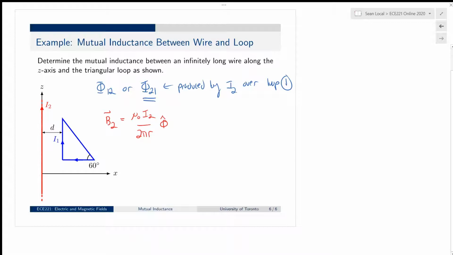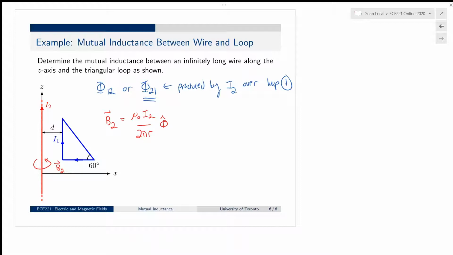And if we were to use the right-hand rule, the B field produced by I2 would look something like this. And it's going to get weaker as we move towards the right. So if we're trying to find the flux over the blue loop, we can't just simply take B2 and multiply by the area of the loop because the B field actually gets weaker as we move from left to right over the triangle.